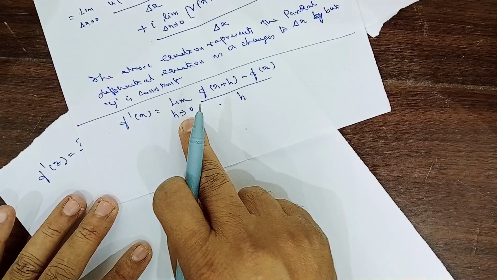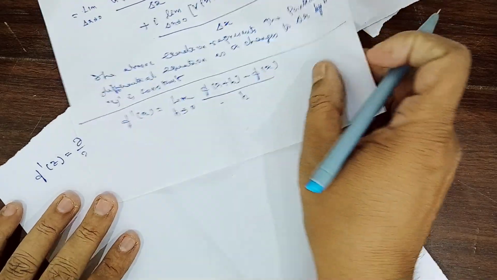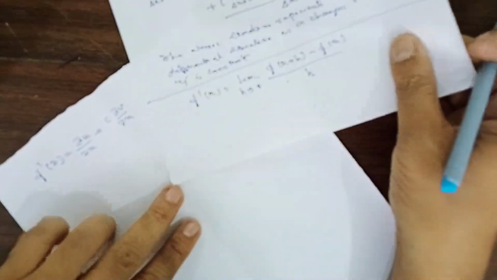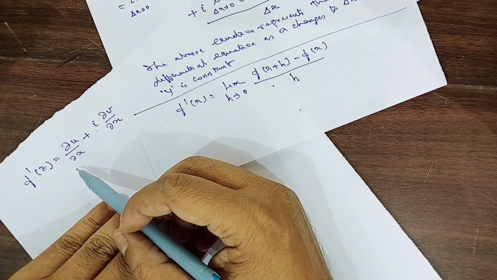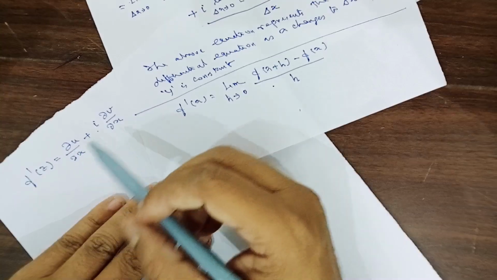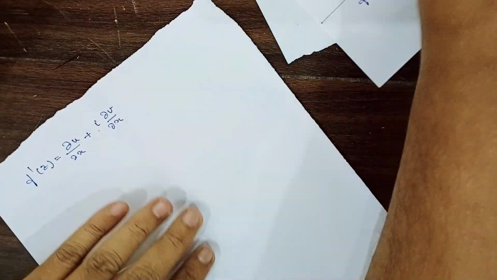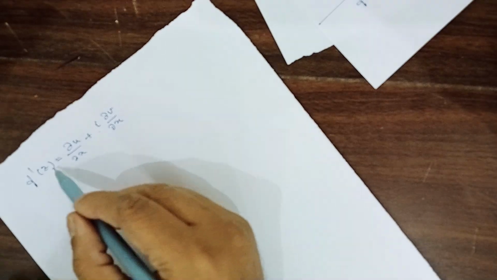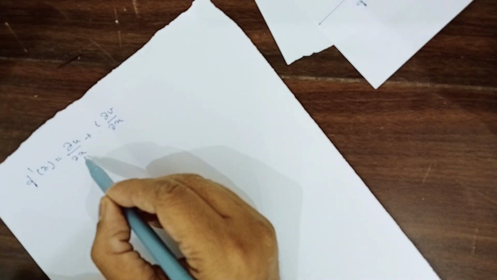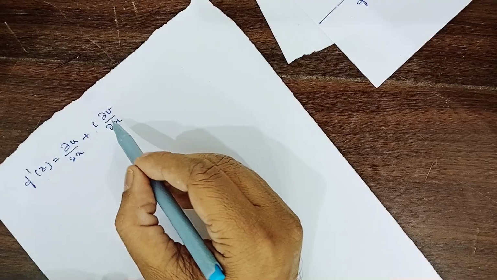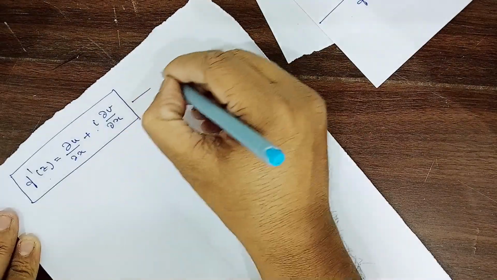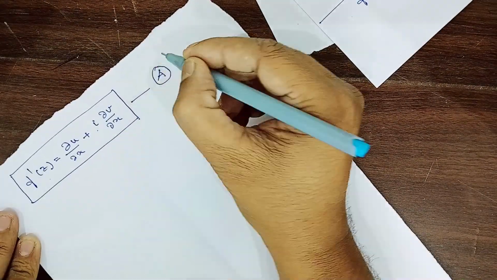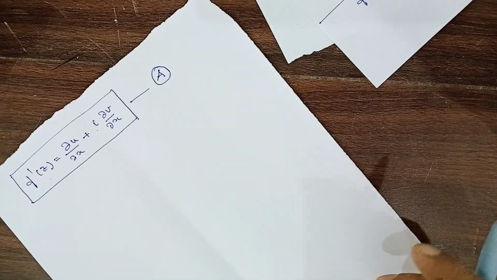The solution of this equation will be in terms of x only, not in terms of y. Therefore, f dash of z is equal to dou u by dou x plus i dou v by dou x. Let this be equation A.